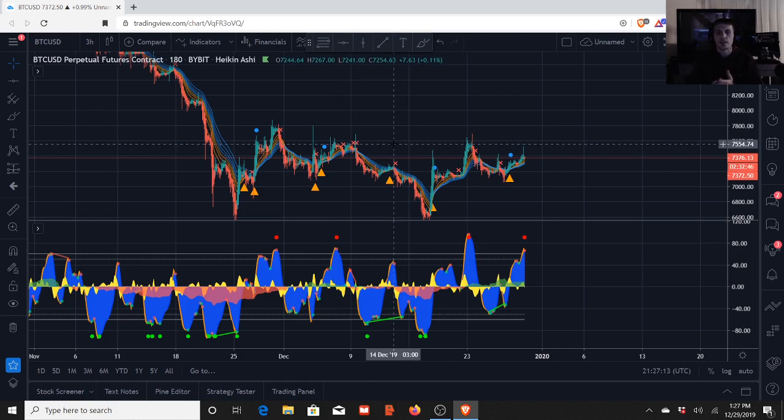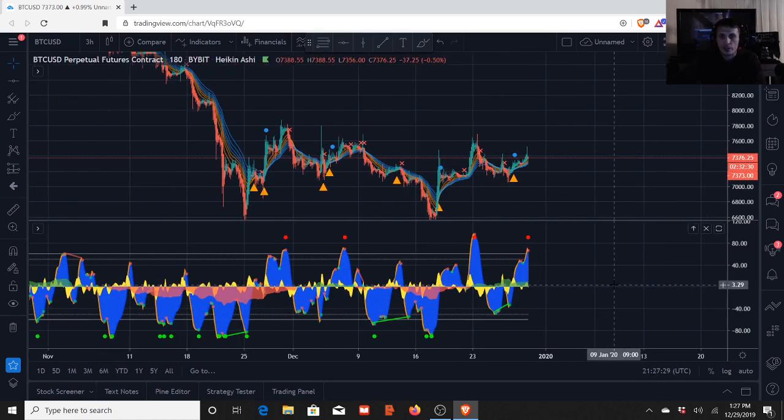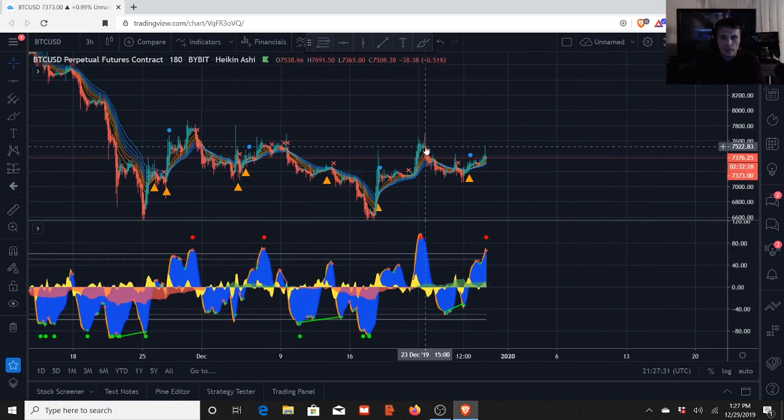Don't use the dots or the triangles or the red X's to enter a trade. These are just for confirmation. You really don't even need the top script, really. It is helpful. The bottom one is where you basically want to build your strategy up. But your red X is telling you, hey, sell pressure's coming, market manipulation.